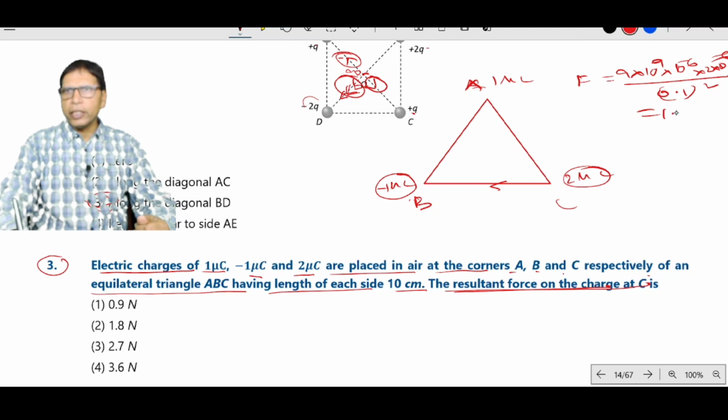So this is 1.8 Newton. Now this 1 microcoulomb charge repels the 2 microcoulomb charge along this direction with a force of, this also 1.8 Newton.